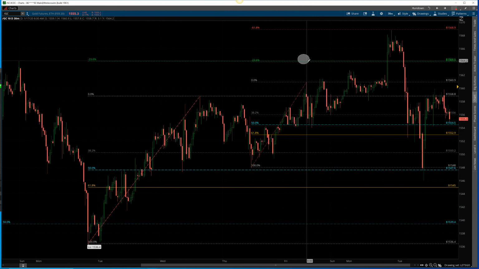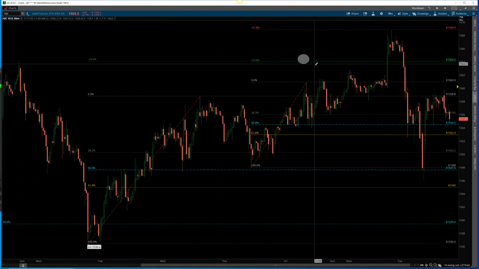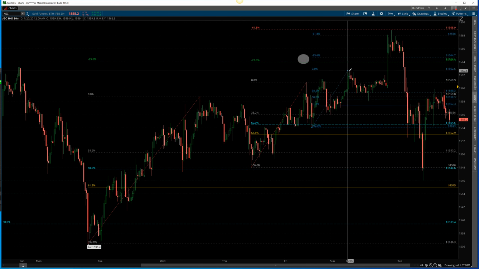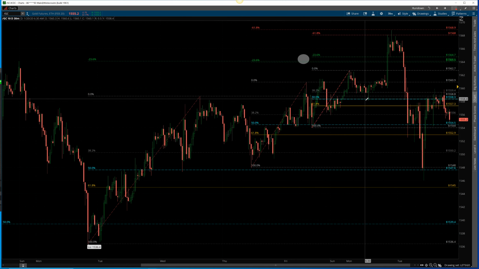That gave us two profit targets at 1564. And we confirmed a third profit target by breaking out of the shorts and holding a halfway back long, based on the pullback. This was a holiday session, but that gave us another profit target at 1564.7.